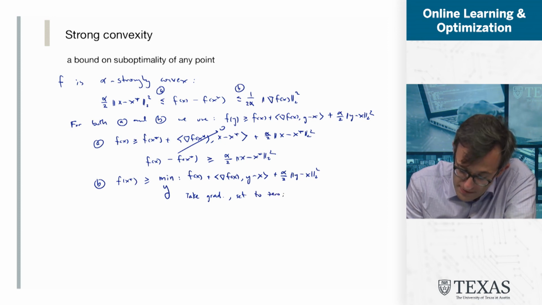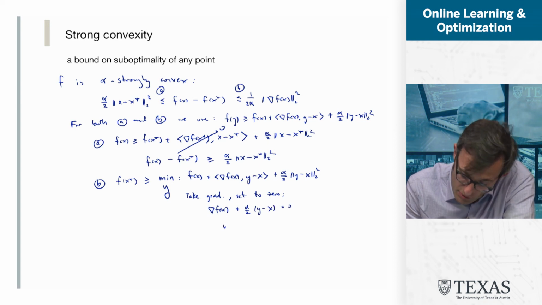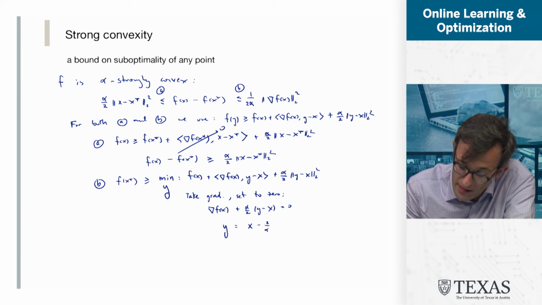What do we find? Take the gradient with respect to y, and we find that gradient of f of x plus alpha times y minus x equals 0, or the y that I want is equal to x minus 1 over alpha times the gradient of f of x.